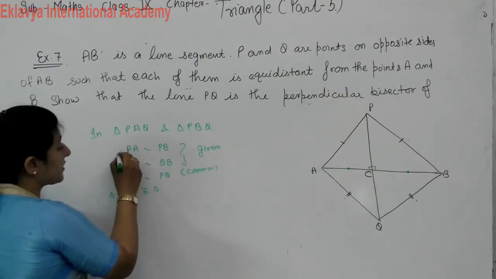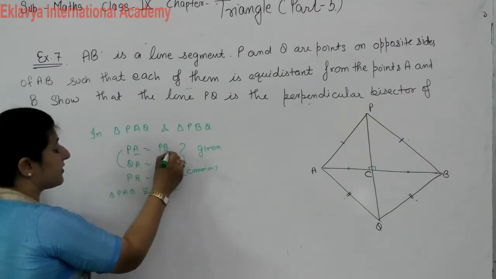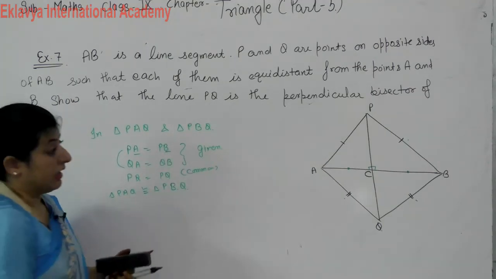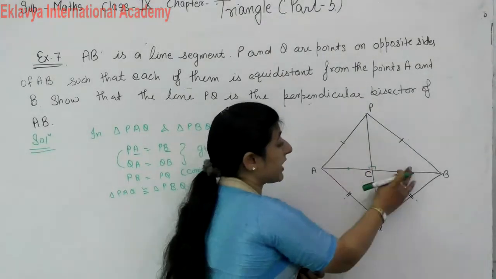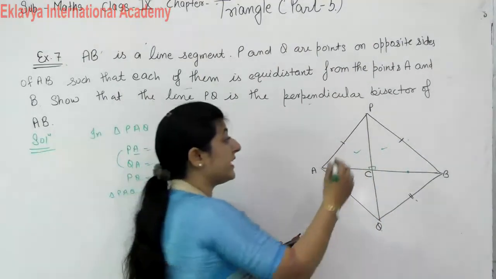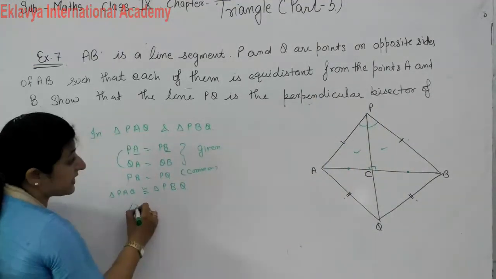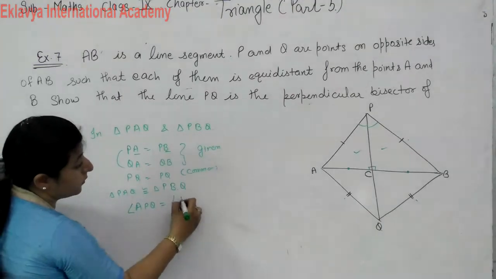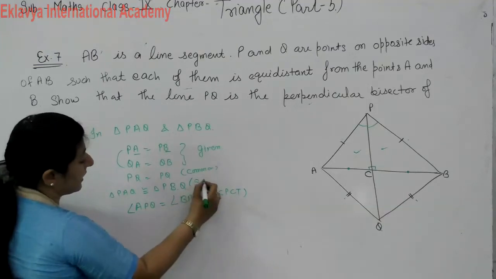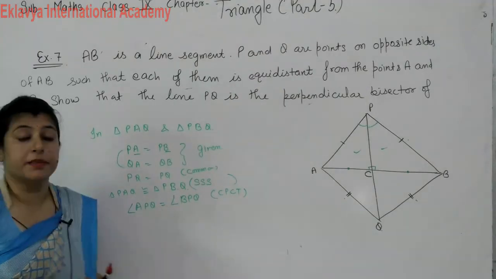Check it: A is corresponding to B, and P is corresponding to P. Now if these two triangles are congruent, we can say by CPCT that angle APQ is equal to BPQ, reason CPCT, and here the reason is triple S congruency rule.